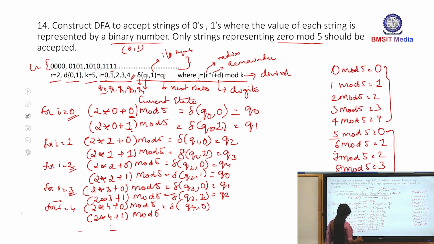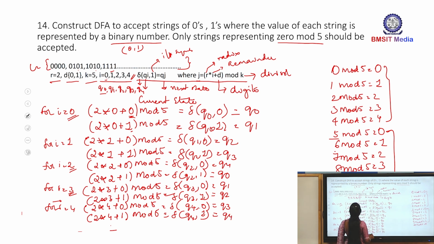We compute the next state: 8 mod 5 is 3, so Q3. And the next one, delta Q4 on seeing a 1: we have 9 mod 5, which is 4, so the state is Q4.